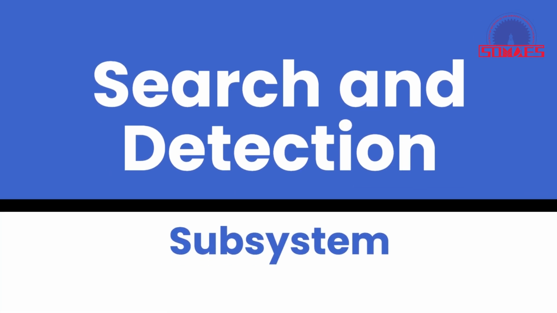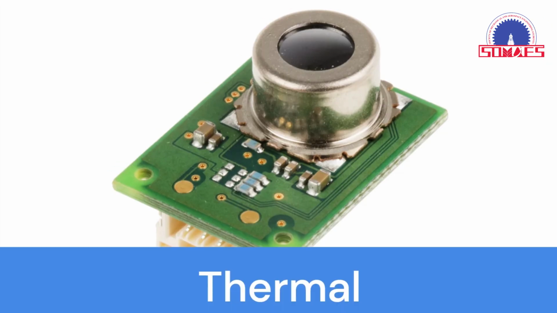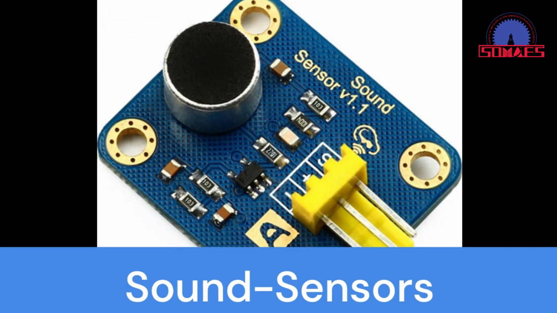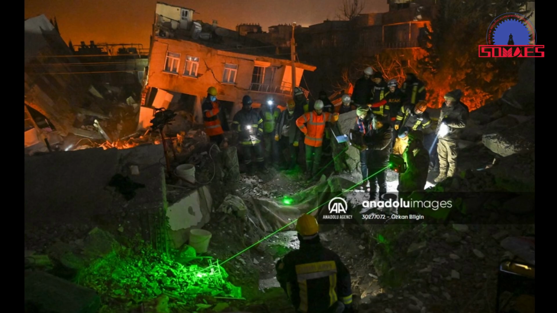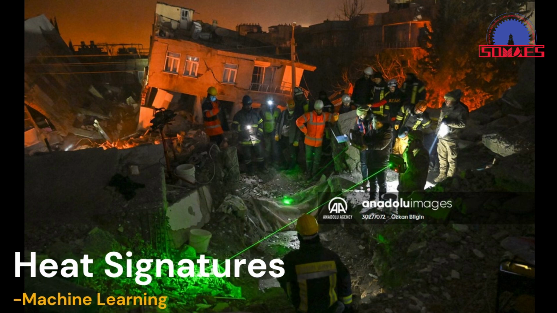The search and detection subsystem is primarily built on sensor technologies. In sensor technologies, we have used thermal sensors, infrared sensors, ultrasonic sensors, and sound sensors. With thermal sensors, we detect heat signatures from humans or animals. These heat signatures are fed to AI or machine learning algorithms, and the algorithm detects the special kind of heat signatures that are of humans or animals.